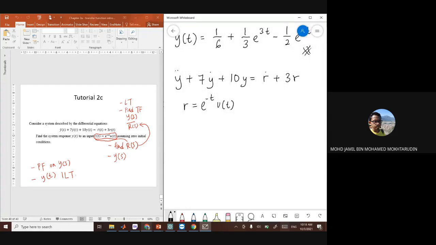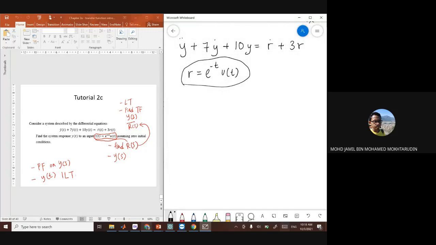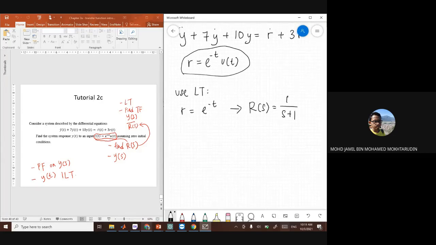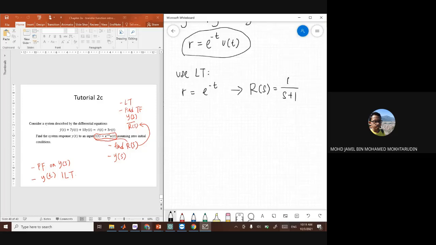So the first step you need to do is convert this into frequency response. So use Laplace transform. R(t) equals e to the power of minus t, so you get R(s) equals 1 over s plus 1. Then you use Laplace transform on the differential equation.